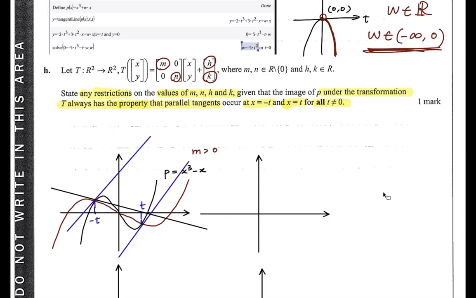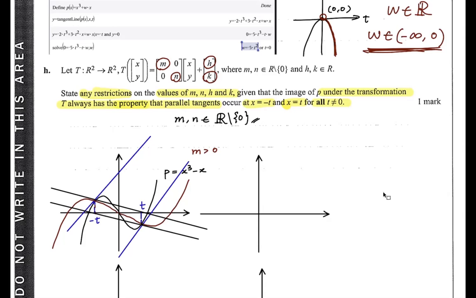At this point, the tangent line looks like that. They're still parallel to each other. So does the reflection upon P of x, whether it be about the x-axis or y-axis. That means M and N are still non-zero real numbers.